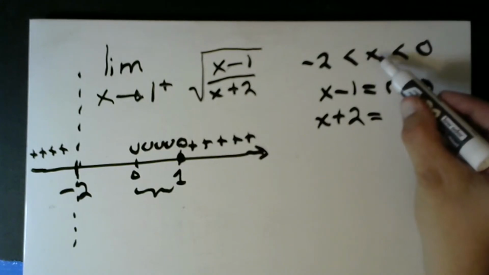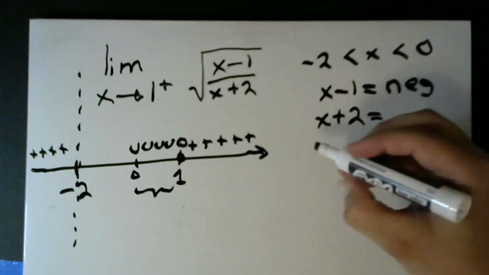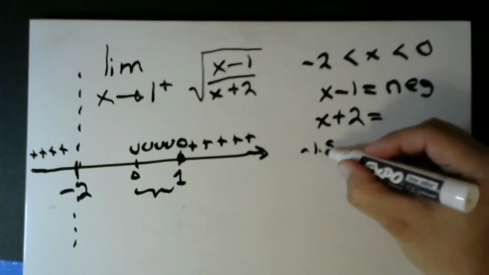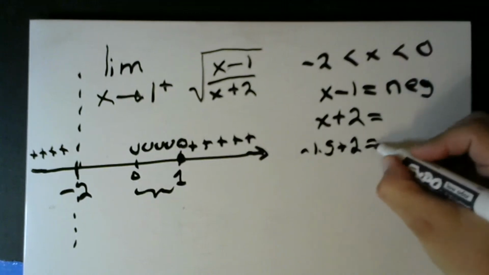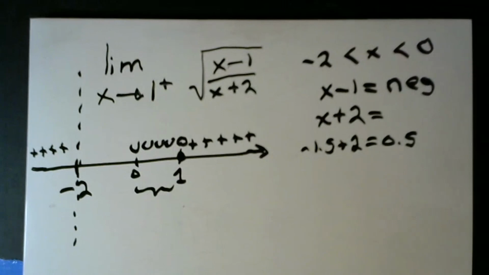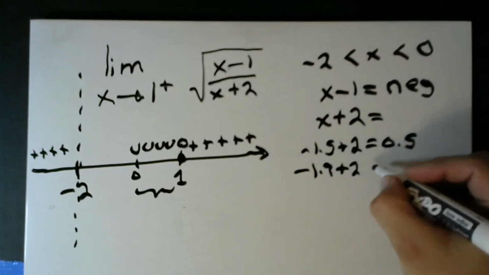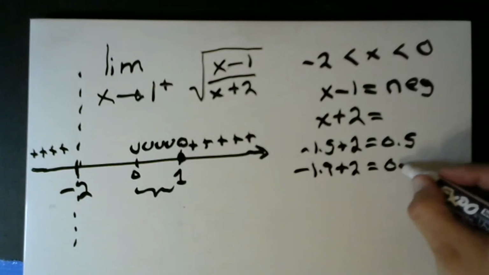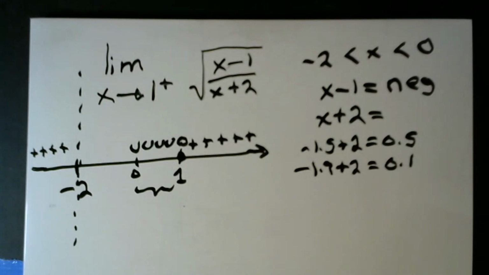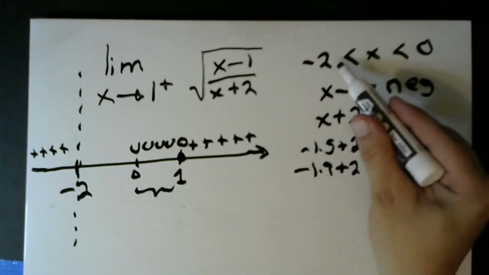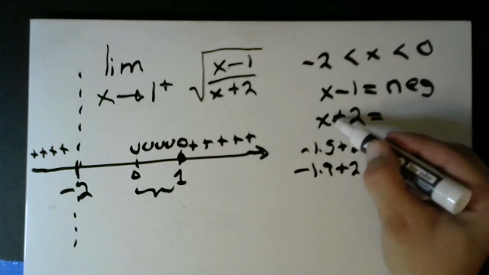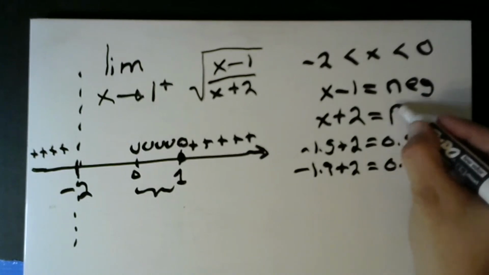So like -1.5. Well, -1.5 plus 2 is still positive 0.5. Even say -1.9 plus 2 is going to be 0.1. So the bottom line is that when x is between -2 and 0, x plus 2 is positive.